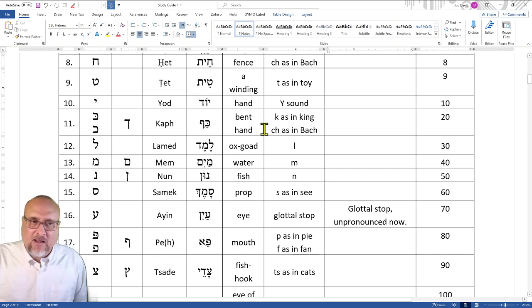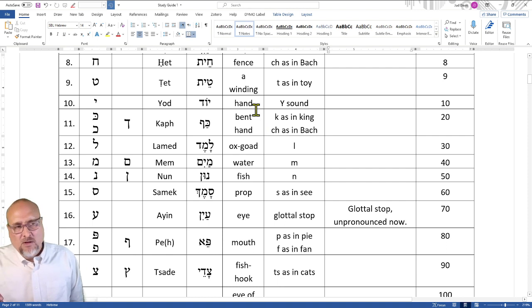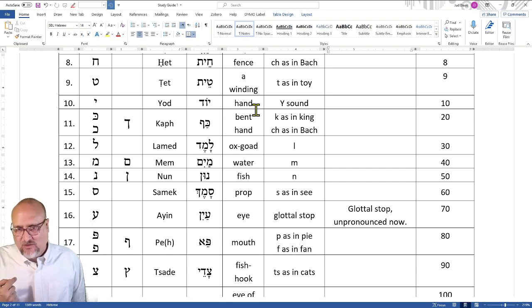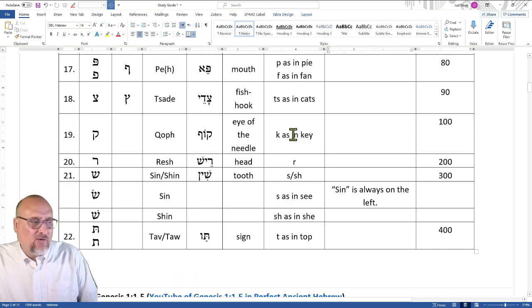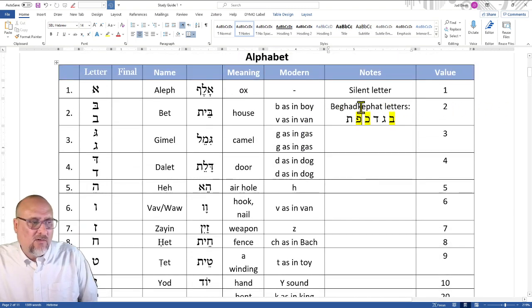So in the Begad Kafat letters, Beit, Gimel, Dalet, Kof, Pei, Tav, if it has the dot, it takes that H sound out of the letter. You with me? So that's a little bit tricky. That takes a little getting used to, but we're going to hear enough people read this well that we're going to pick up that that's what's happening.